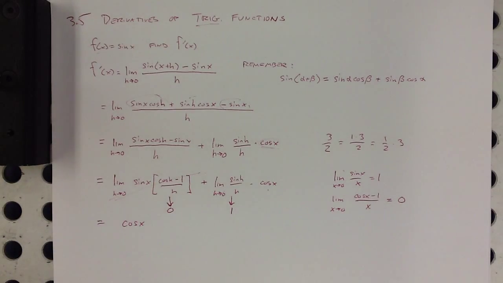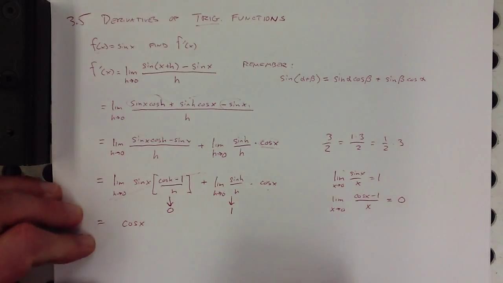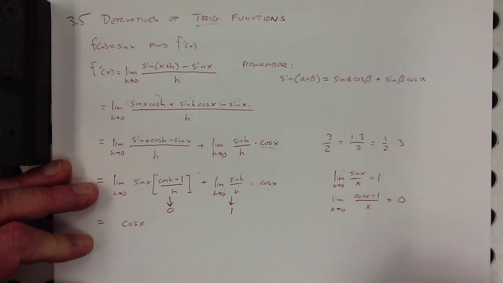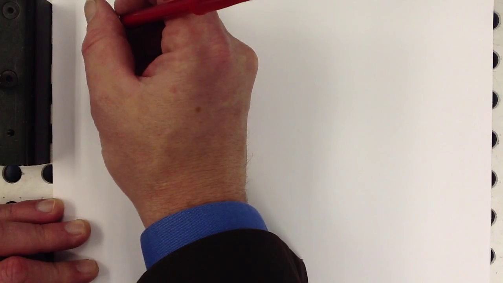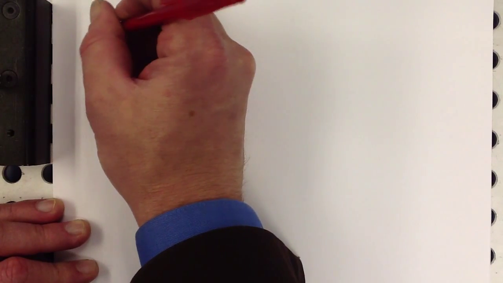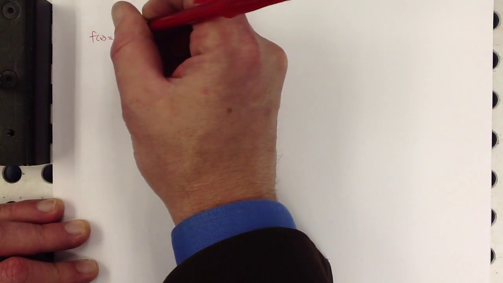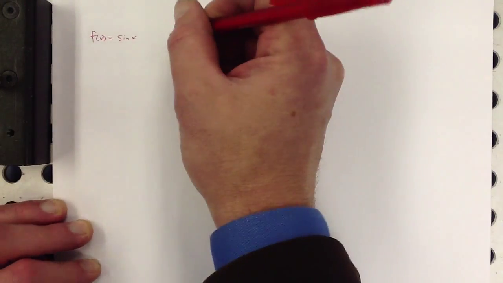Look at that. The derivative of the sine function is the cosine function. That's pretty cool. Let's see if we can back that up with a little derivative sketching. Here's f of x equal to the sine function.